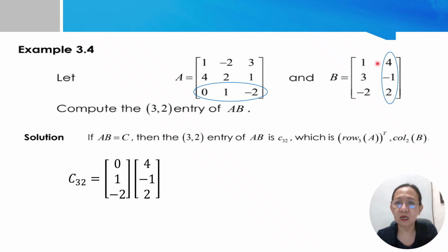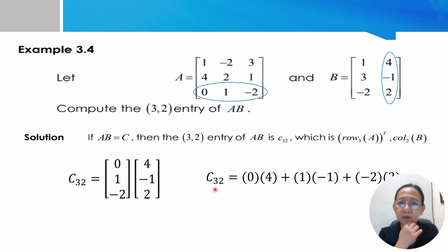And then we have the second column, 4, negative 1, 2, for matrix B. So therefore, we have to multiply its entries. C sub 32, we have 0 times 4 plus 1 times negative 1 plus negative 2 times 2. So therefore, C sub 32, we have 0, negative 1 plus a negative 4. And we have C sub 32 is negative 5.